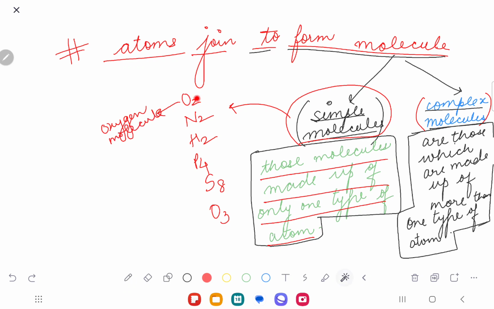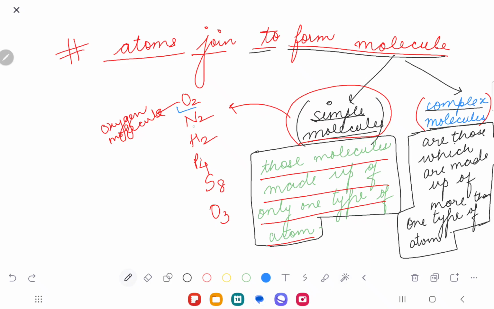Because I can see a 2 here, which means 2 atoms of oxygen. 2 here means 2 atoms of nitrogen, 2 here means 2 atoms of hydrogen, 4 here means 4 atoms of phosphorus, 8 here means 8 atoms of sulfur, and 3 here means 3 atoms of oxygen. That means we have 3 oxygen atoms, 8 sulfur atoms, 4 phosphorus atoms, 2 hydrogen atoms, 2 nitrogen atoms, and 2 oxygen atoms.